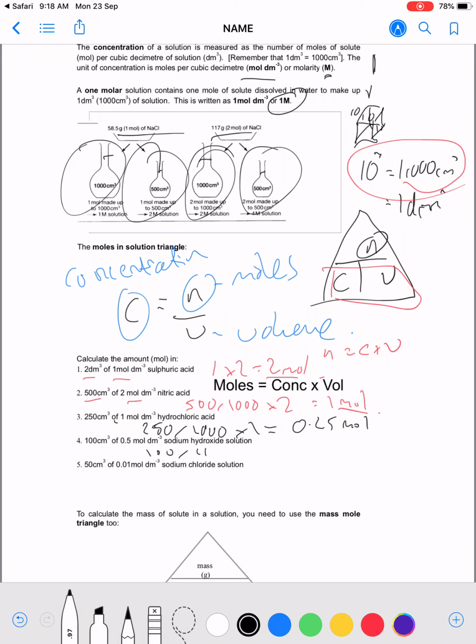Convert cm cubed to decimeters cubed, that's 100 over 1000, times 0.5, I make that 0.05 moles. And finally, you're on a roll now. 50 divided by 1000 times 0.01 from the question equals 5.0 times 10 to the minus 4. I hope you're happy with standard form, moles of sodium chloride.